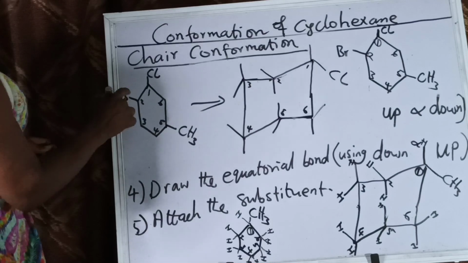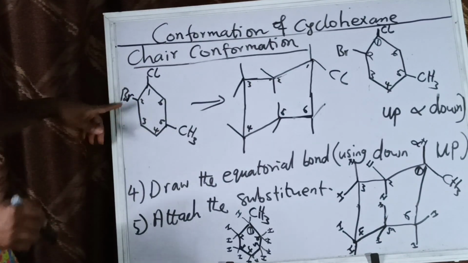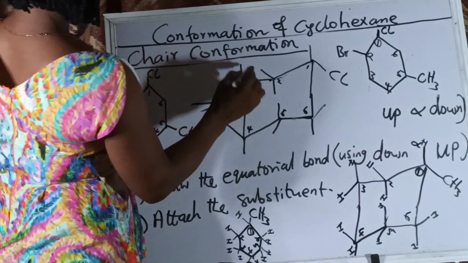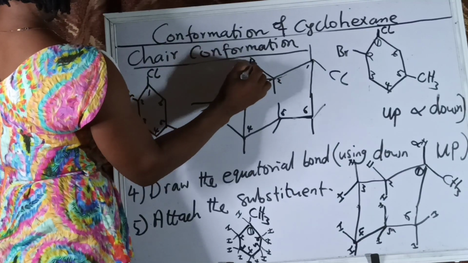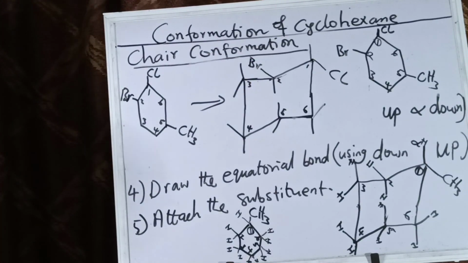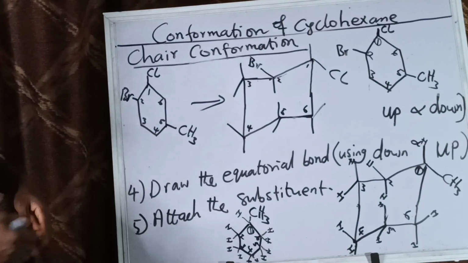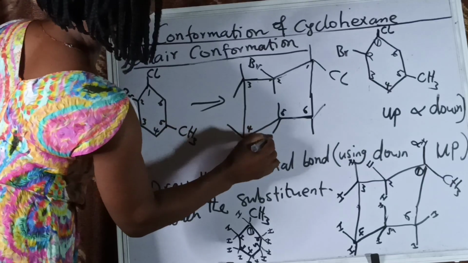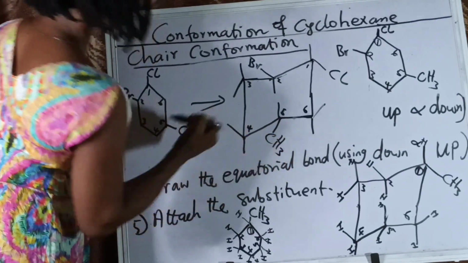Then the bromine, sorry, that is carbon number 2 with the bromine. So remember, this is our axial, so this is our bromine, right? Then the next is carbon number 5, which carries the methyl. This is carbon number 5. This is our equatorial. So this is CH3. And that is it.